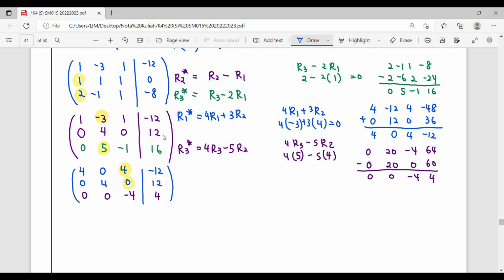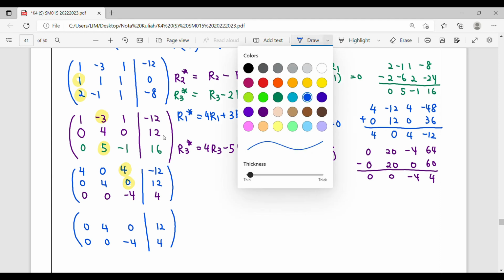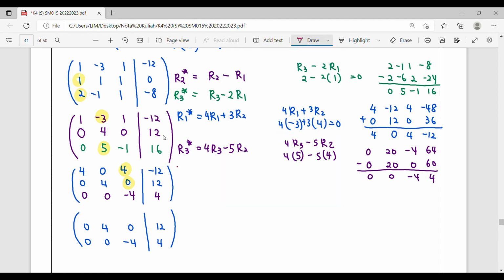Now the constant rows that don't change will be row 3 and row 2, because row 2 has already obtained 0 in the position. So now we're going to change row 1. If we want to change row 1, we need to operate with row 3, because now our constant will be row 3.